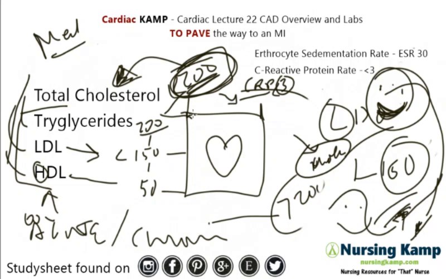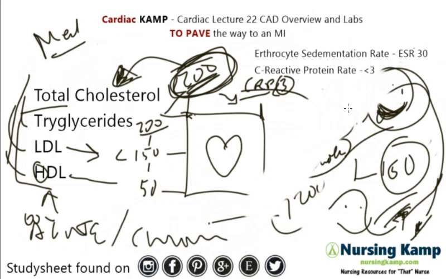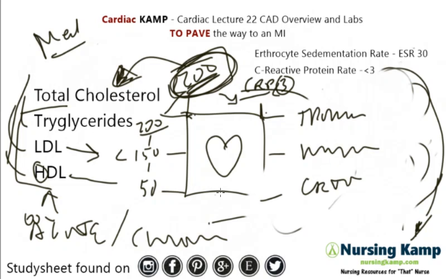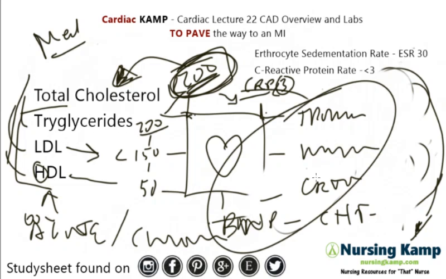We'll talk more about the other labs on this side, but we're just going to go over them really quickly: troponin, myoglobin, CK total, and then your BNP, which is for CHF. We'll cover those in the next lecture when we cover the topics of MI and CHF.